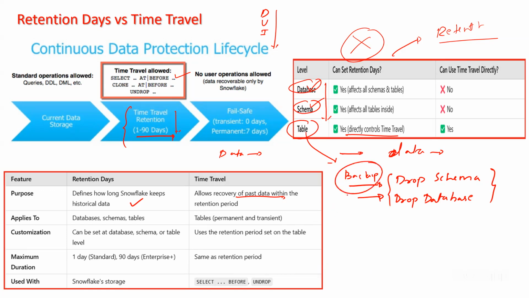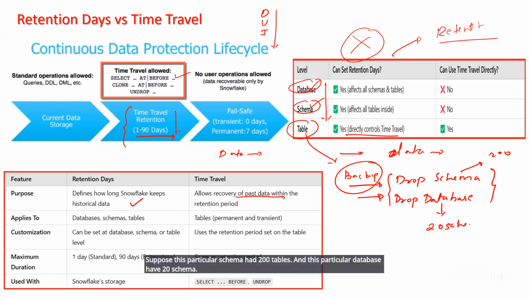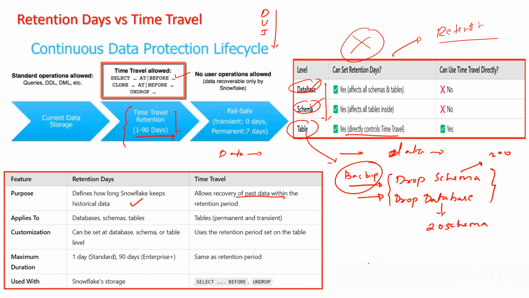What do you have to do? Can we do anything? We have to recreate. Suppose this particular schema had 200 tables and this database had 20 schemas. It's a long process of doing all those things.